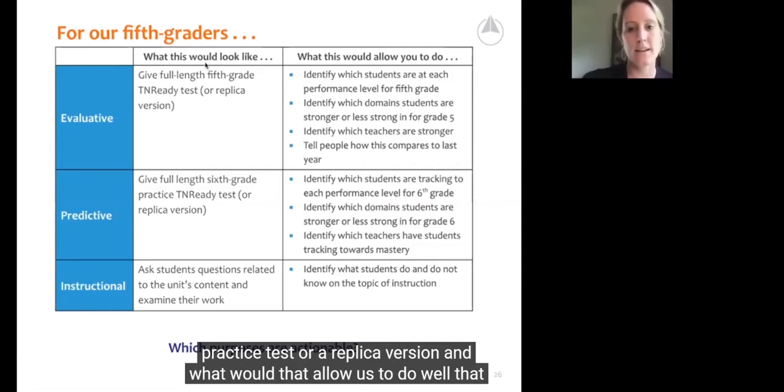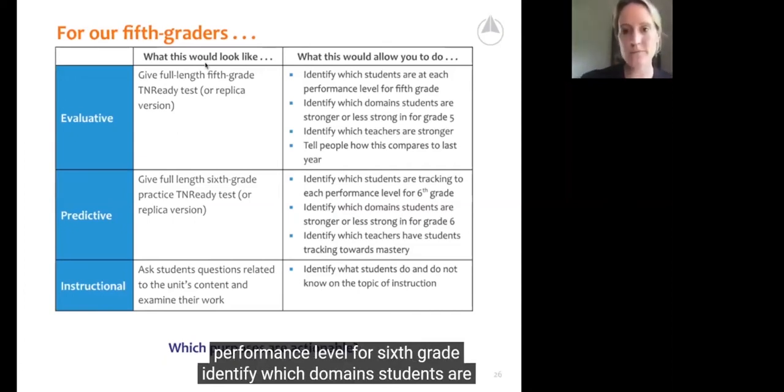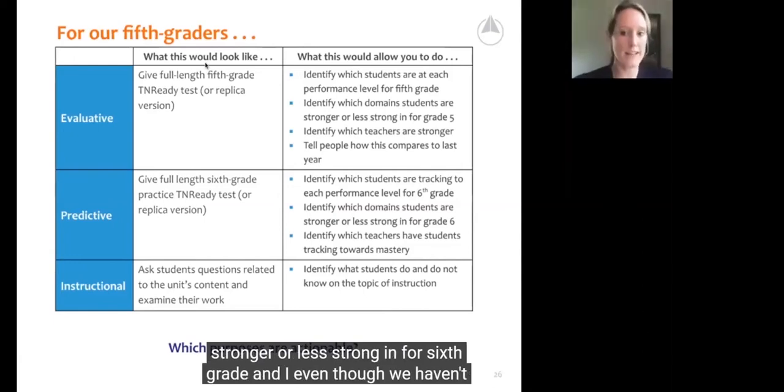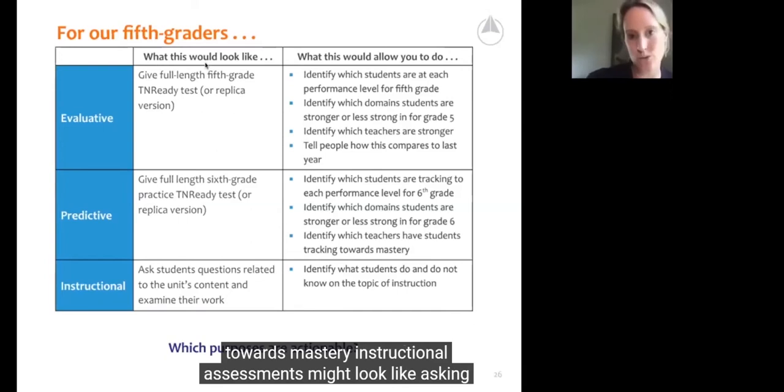And what would that allow us to do? Well, that would allow us to identify which students are tracking to each performance level for sixth grade, identify which domains students are stronger or less strong in for sixth grade, even though we haven't taught any of them yet, and identify which teachers have students tracking towards mastery.